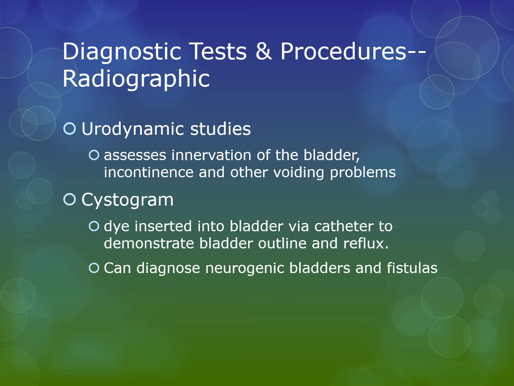Another study is called a cystogram. A cystogram is basically an x-ray of the bladder, but we insert dye into the bladder from the bottom, so we use a cystoscope to do that, or you can use a catheter. You can do it either way, but what you're looking for is if the dye in the bladder refluxes up into the ureters.